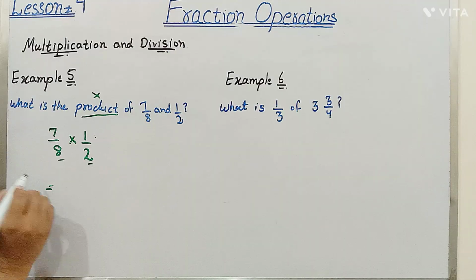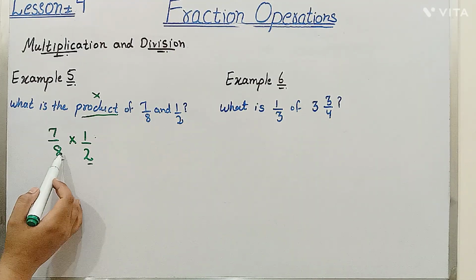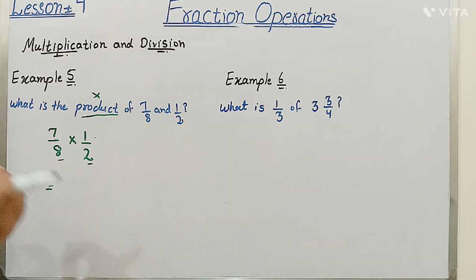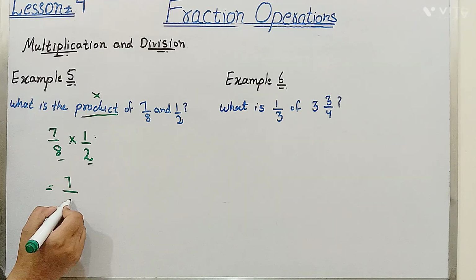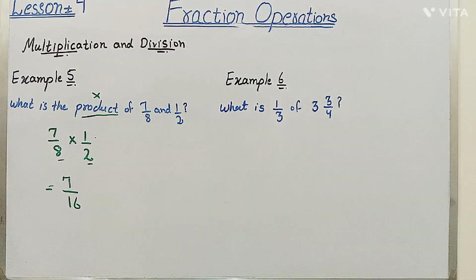We directly multiply. We don't want to change the denominators, whether the denominators are different or the same. 7 multiplied by 1 is 7. 8 twos are 16. Now 7 over 16 is my answer.